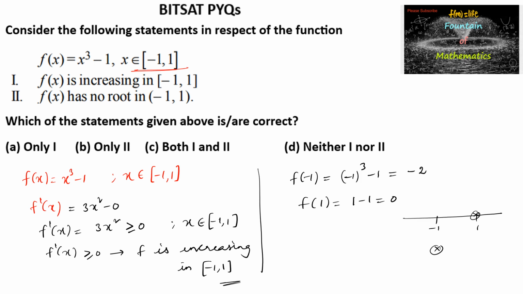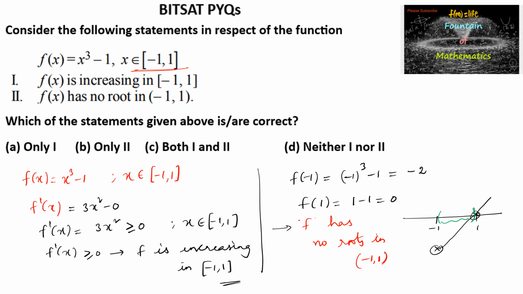So since it is an increasing function, the graph will cut only at the point x is equal to 1. And clearly we can say that from minus 1 to plus 1 there are no roots. Hence we can say f has no real root in the minus 1 to plus 1 open interval, because it has its only root at plus 1.